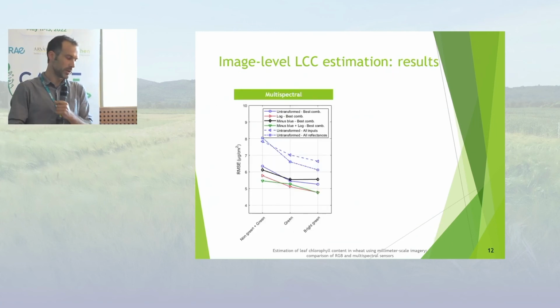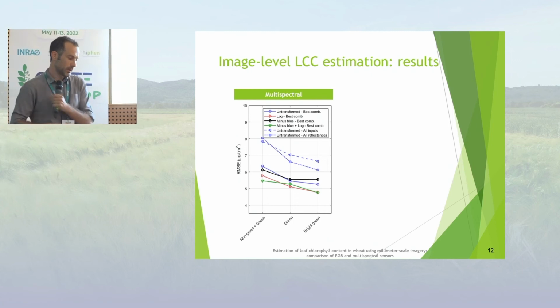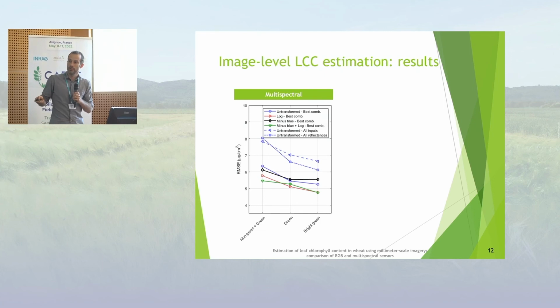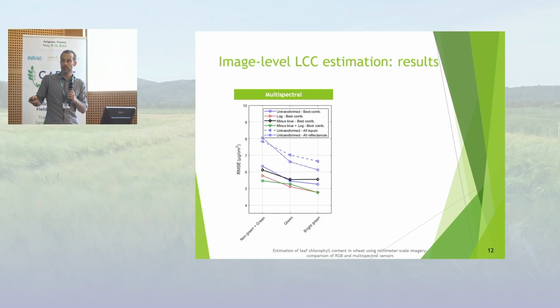So here are the results for the multispectral camera. Here I plotted the estimation error for different subsets of pixels: either all the image pixels, only the green pixels, or only the bright green pixels. As expected, the best performance is obtained when focusing on the bright green pixels. And you can see here the results you can obtain by using just the reflectances, or just the reflectances and the angles.